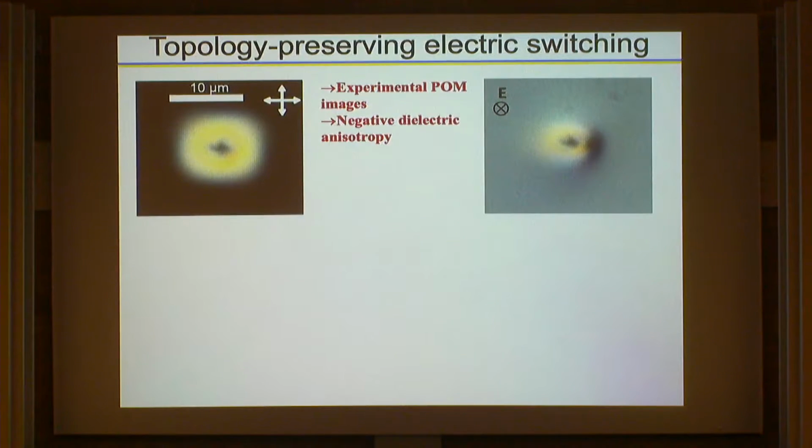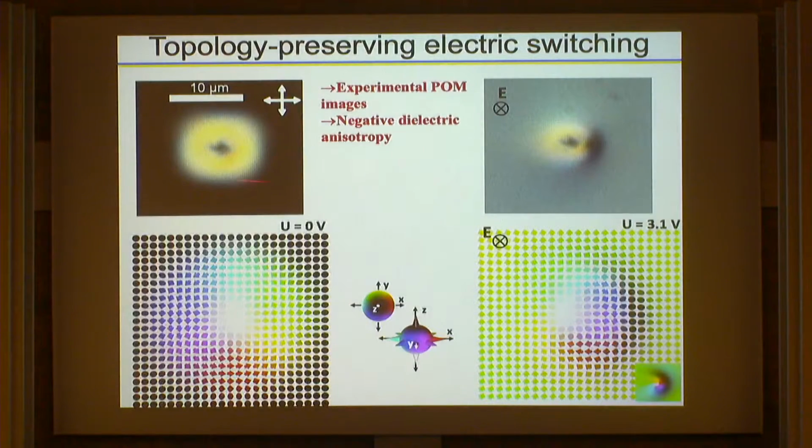So along the far field background, and the material in this case has a negative dielectric anisotropy, and so the structure that was axially symmetric originally will have to morph, because as you apply the external field, you're tilting the background field around the liquid crystal Skyrmion.